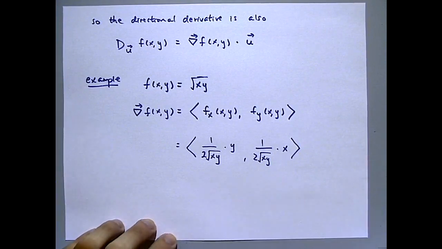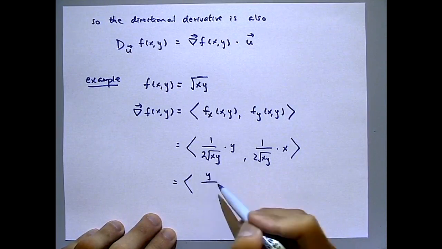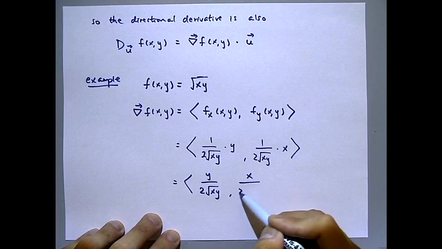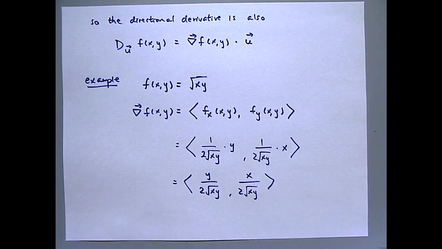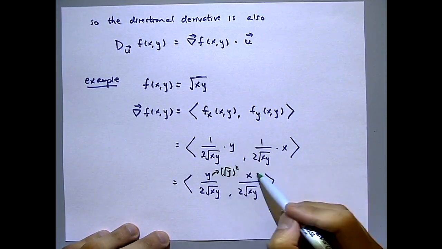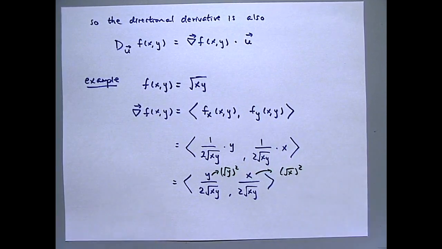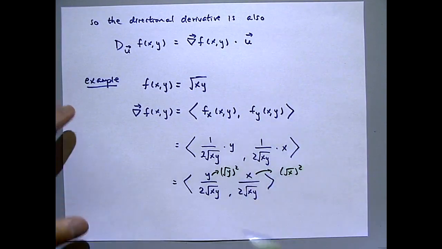Can we simplify these even more? Yes, we can. So this is y over 2 root xy, x over 2 root xy. And here you want to consider y as root y squared, for example, and this is root x squared. If you write it that way, notice we could cancel root y with that root y here and put another root y up there.